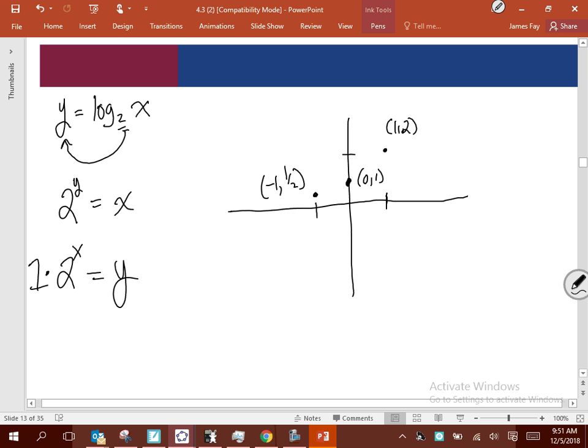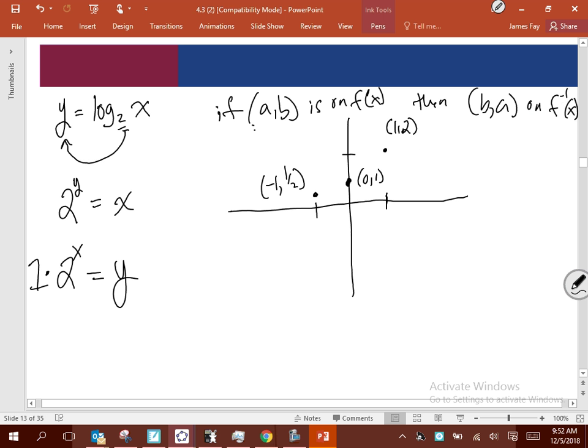So by knowing that the exponential and the logarithm are inverse of one another, therefore they are reflections across the line y equals x. Remember, if you have a reflection across the line y equals x, if a comma b is on f of x, then what is on f inverse of x? You guys remember? If a comma b is on f of x, then b comma a is on f inverse of x, right?